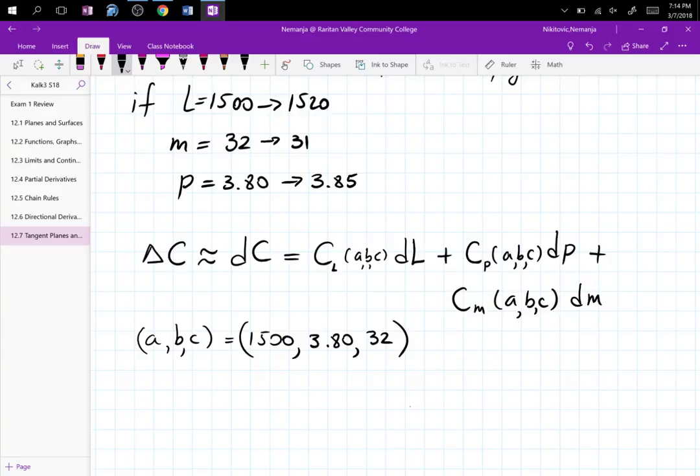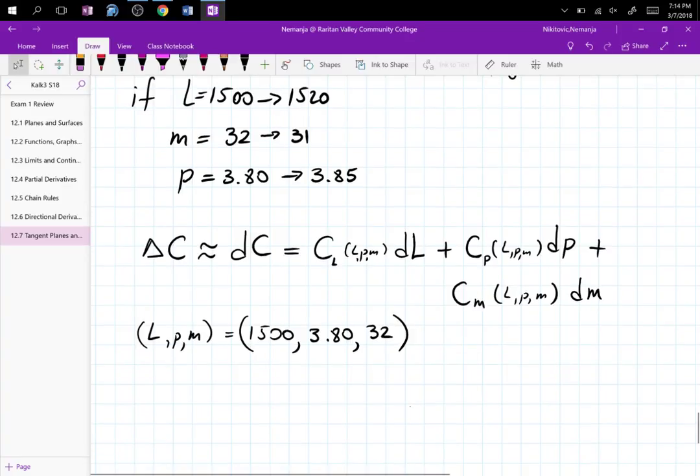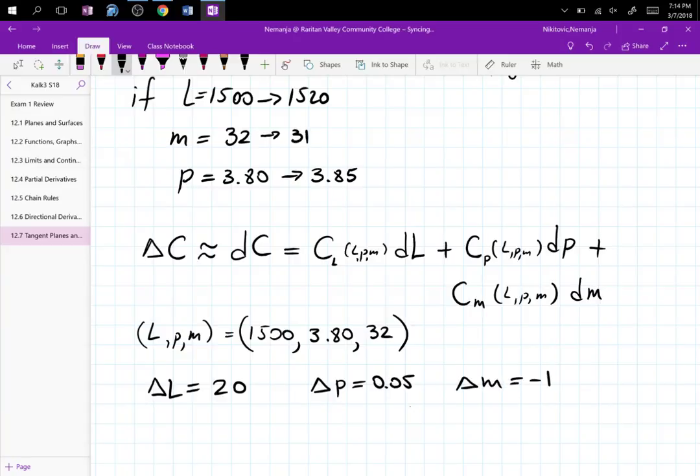I'm not sure why I'm calling it (a,b,c) when I can just call it (L,P,M), which is what it is. So change in L is 20, change in P is 0.05, and change in gas mileage is -1. It got worse.